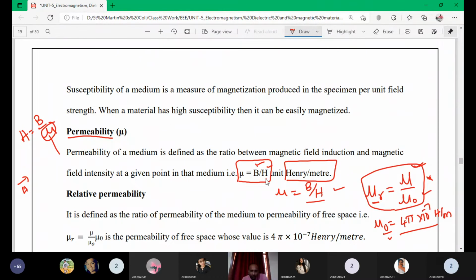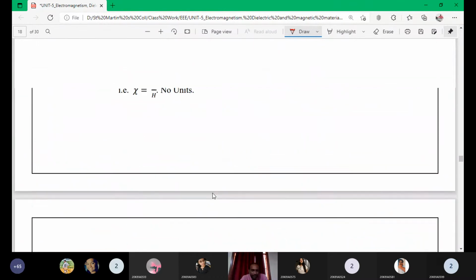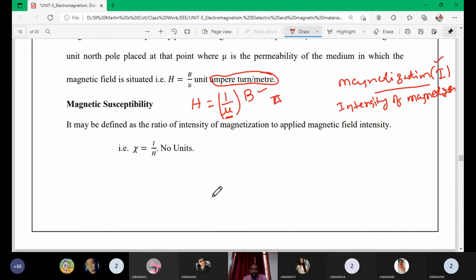Now we have defined permeability. Next one, susceptibility. This is also one of the important parameters. This is chi, the susceptibility. Permeability and susceptibility are the main important parameters to characterize the magnetic materials.